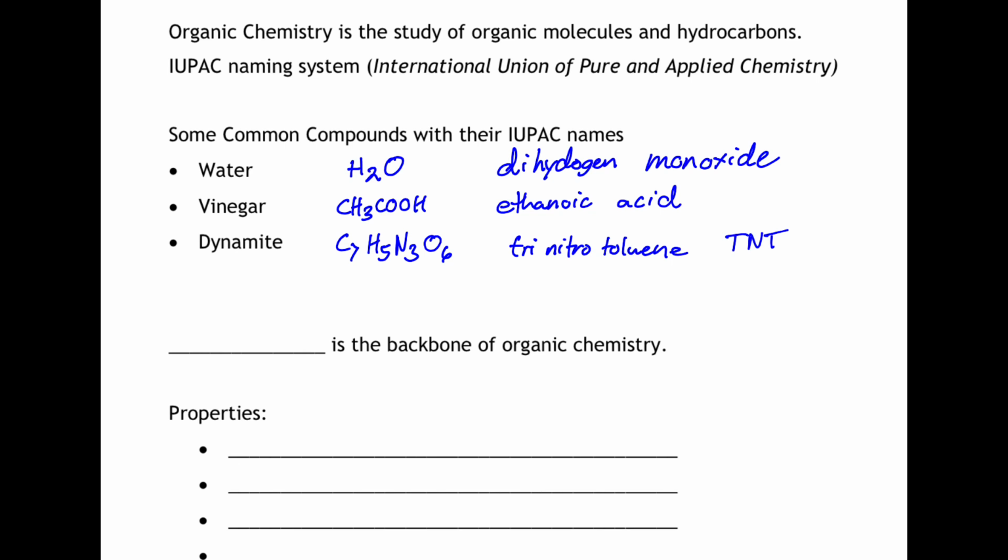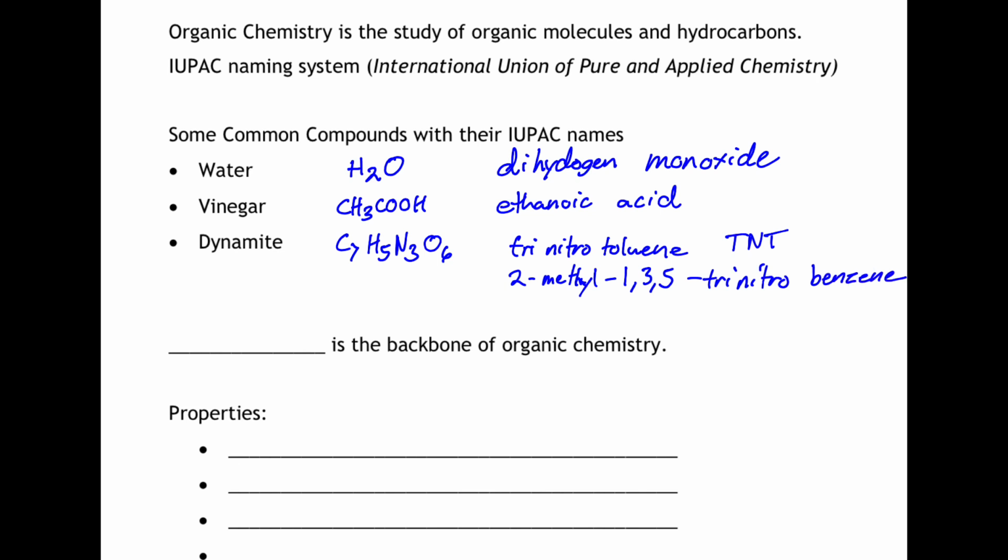Now, trinitrotoluene is still a common name for dynamite. That isn't even the fancy proper name. The proper name is 2-methyl, spell it right, methyl, 1,3,5-trinitrobenzene.